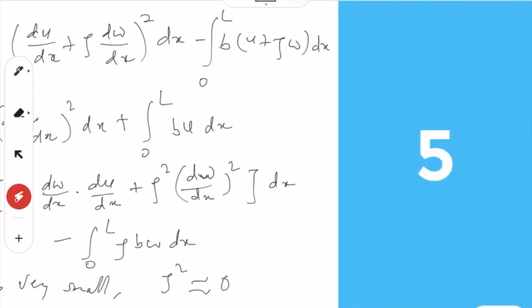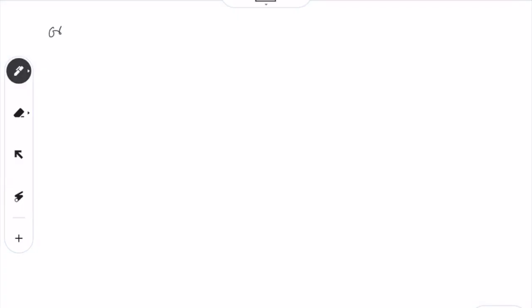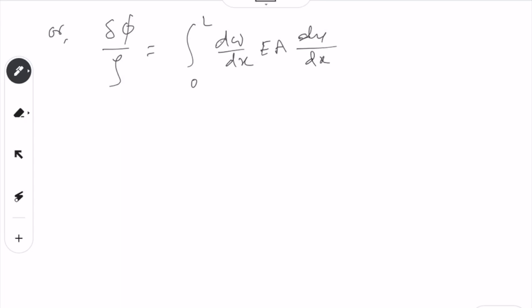So we can write delta phi over zeta as equal to integral from 0 to L of E A dw/dx du/dx minus integral from 0 to L of b w dx.